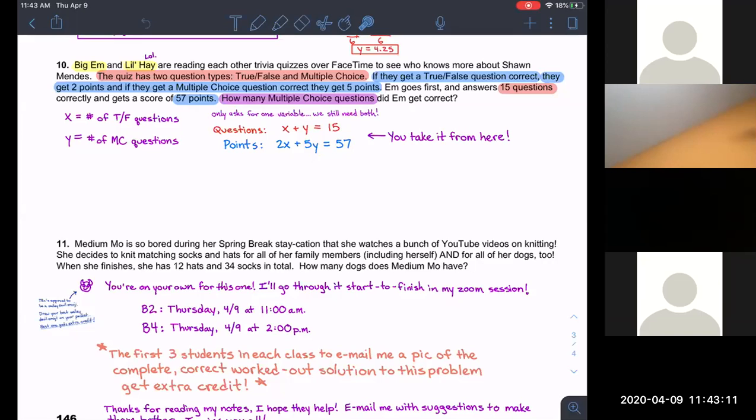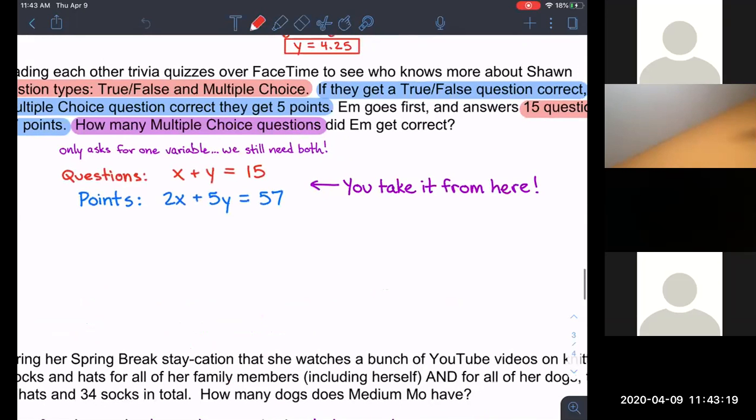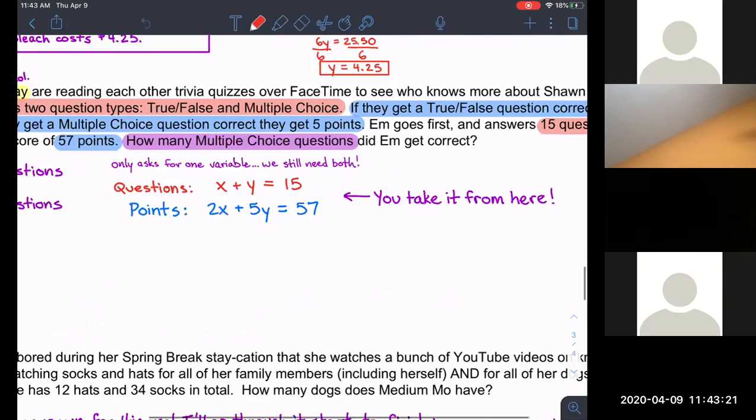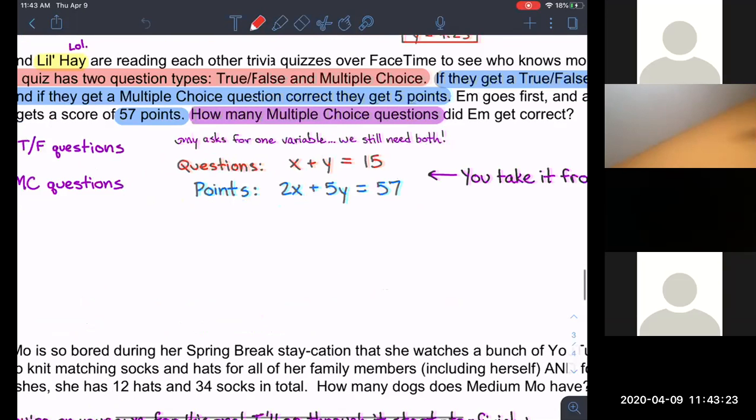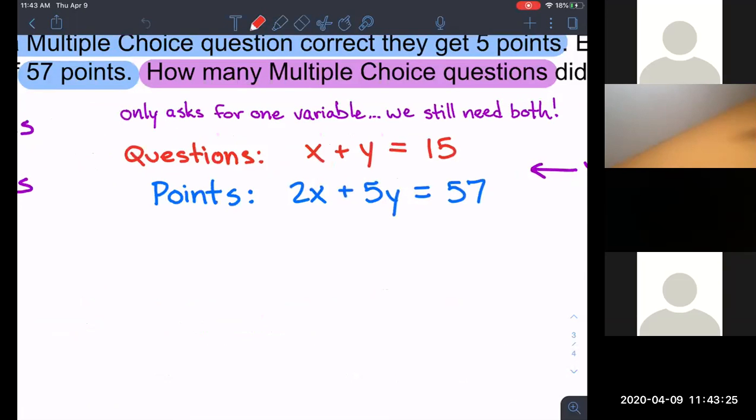Okay, good. So next question is, how do we get opposite coefficients so we can solve it? Look at your x's, look at your y's. Somebody give me one thing we could do to get opposite coefficients.